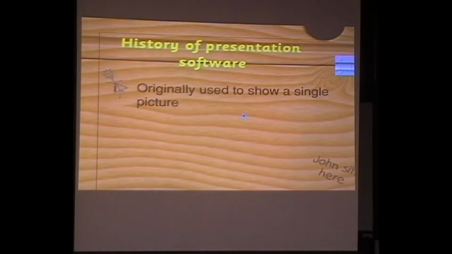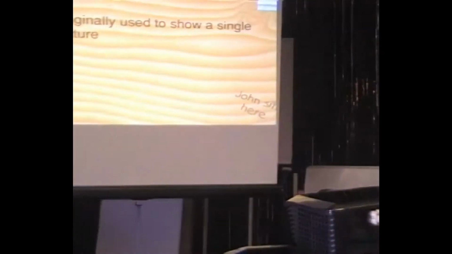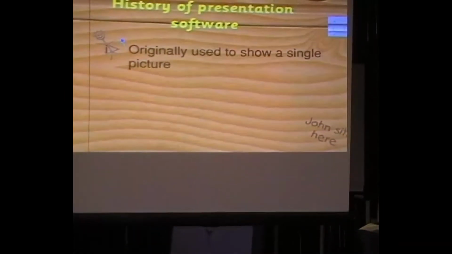So I think the first time that presentation software was used, in the good old days, what they used to do was do some computer graphics on a CRT in a darkened room with a 35mm camera in front of it and take a picture of the screen and then make a slide. So we're saying we're using electronic slides. They actually made a real slide from a picture on the screen of a computer. So, did you know that? Worrying. I know we've still got some of those 35mm slides in the back.